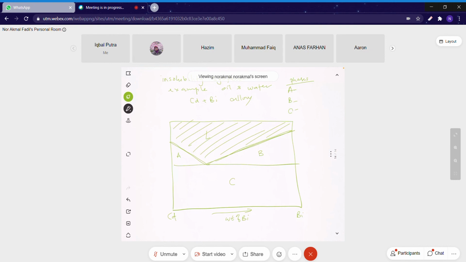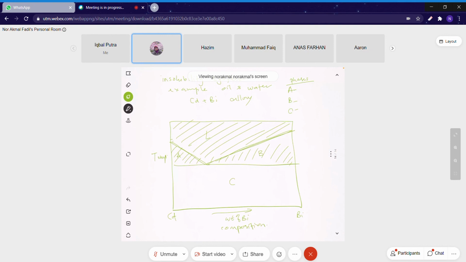This is temperature versus composition. So what are the phases for region A? Just alpha. Oh, sorry. Liquid is supposed to be up until here. My mistake. So what about A? We still have liquid. Let me label this first.